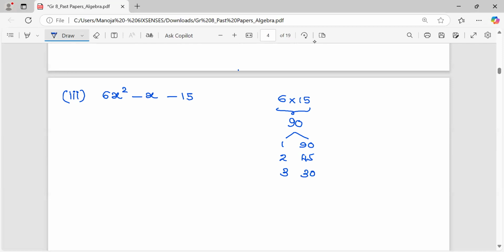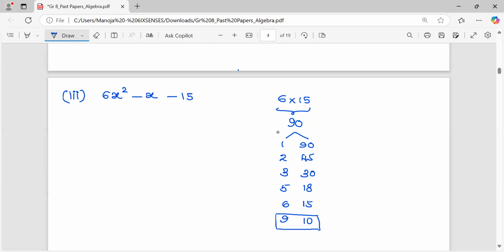Then 5 times, do I have 5 times? Yes, it is 5 times 18. You can take 6 times 15, and that I have 9 times 10. I like this combination because in the middle I have -1.